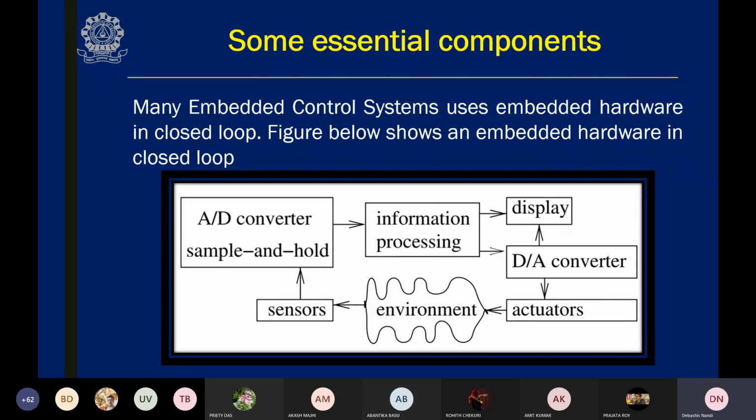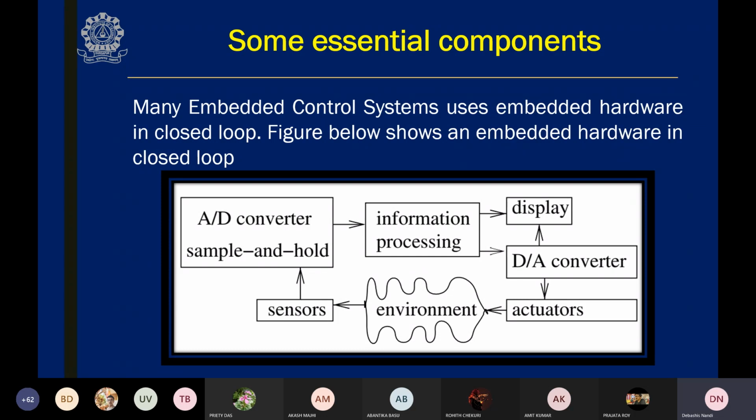That's why I want to discuss the closed loop block diagram and closed loop systems like this, which I have shown here. It is a closed loop system, and I will discuss the basic blocks, the basic circuits and hardware components used for these closed loop systems, and you will see that most embedded systems will use all these things.